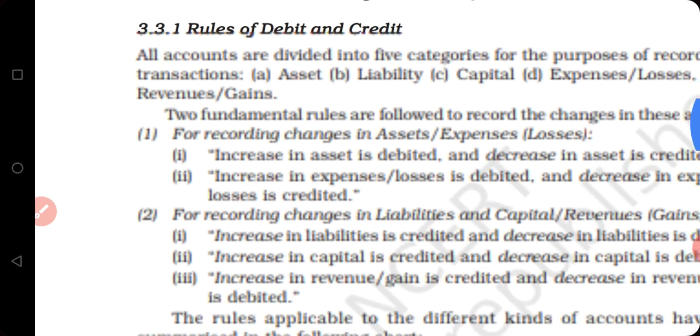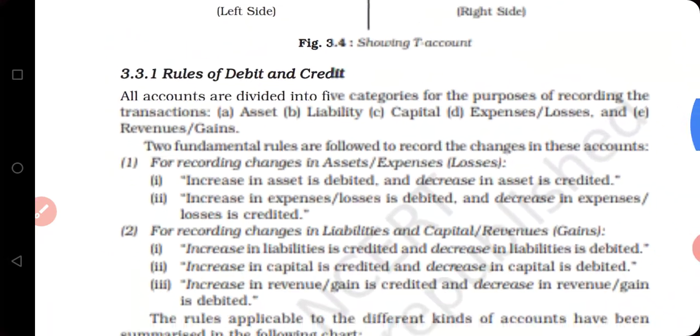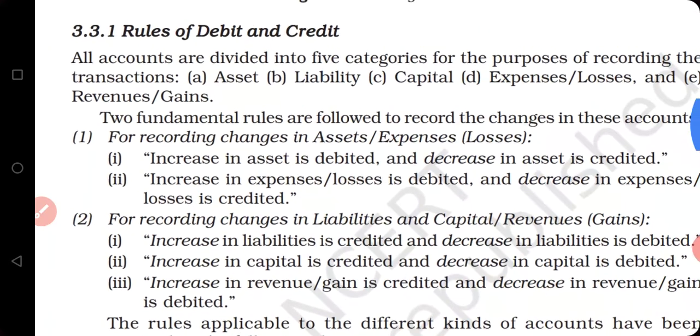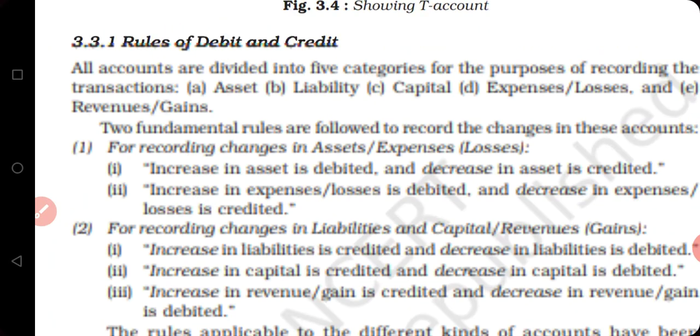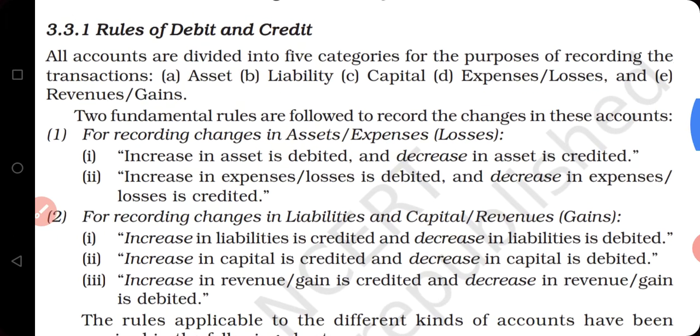Just wait and see. Before watching the format of the account, you will understand the rules of debit and credit. This is very important for making any account in accountancy. All accounts are divided into five categories for the purpose of recording the transaction.